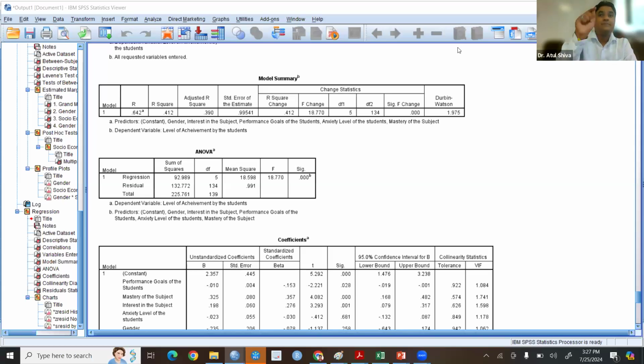I have determined variance in CGPA due to these 5 variables: mastery of the subject, interest level of the students, all the 5 variables I have entered. Fine. Whether the p-value is less than 5% or not, just see the p-value. So what is the null hypothesis in regression?